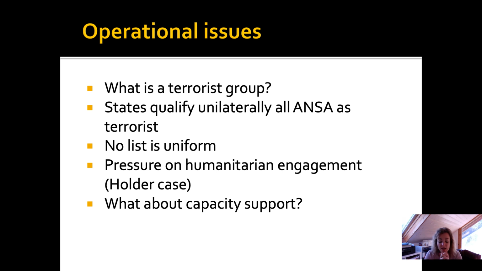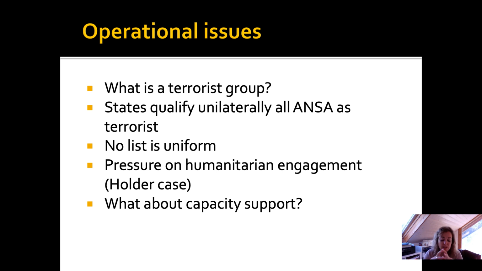And what we can observe is that states will unilaterally qualify a certain number of armed non-state actors, including non-state actors which do not necessarily commit terrorist acts, as terrorist organizations.